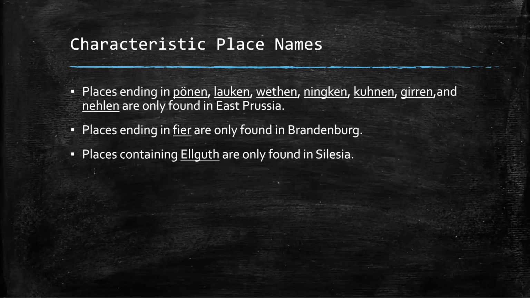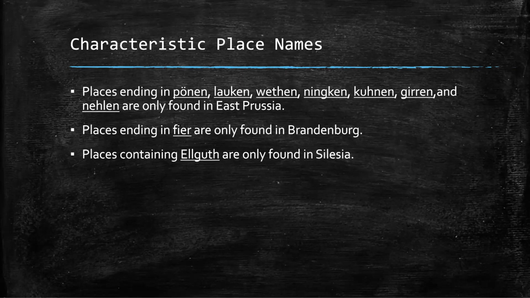If you have a place name that ends in -ponen, -loken, or -wethen, all of these different endings indicate that the towns are East Prussian. There are no towns in the rest of the German territories that have those additions on their names.